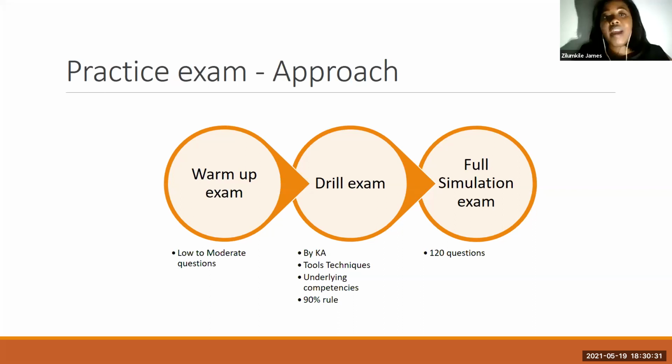When you have the answer right, please make sure that you understand it. Another reason why I recommend Watermark Learning is that for every answer, they will give you a reference to the BA book. They will tell you that this answer lies in this section in the BA book, in this task, in this knowledge area. So please make sure that you understand why that answer is the correct answer, or why that answer is the incorrect answer.